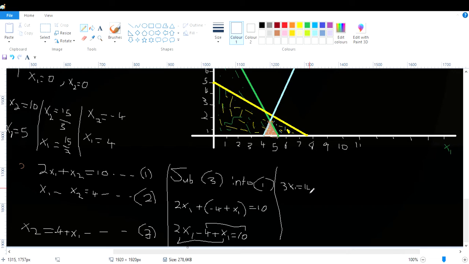Therefore, x sub 1 is equal to 14 over 3.